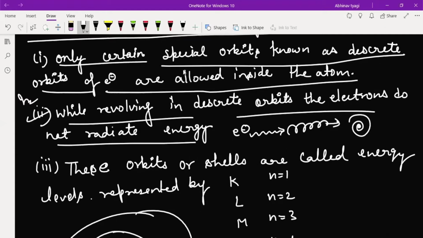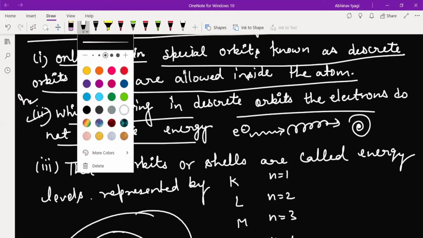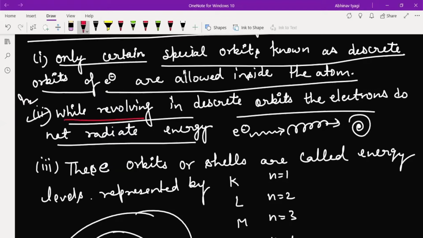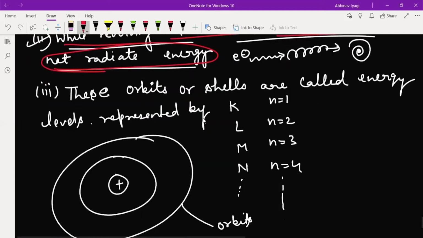But बोहर ने बताया कि जब भी कोई इलेक्ट्रॉन डिस्क्रीट एनर्जी लेवल में रिवॉल्व करेगा, so while revolving in discrete orbits the electron will not radiate energy. इलेक्ट्रॉन अपनी एनर्जी को रेडिएट नहीं करेगा.